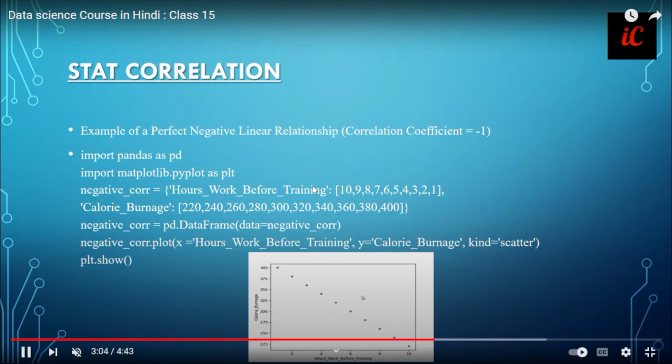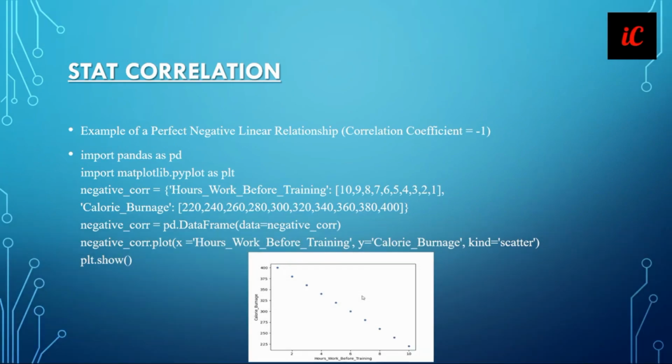The next one we have is the perfect negative linear relationship. In that case, we are going to provide a perfect negative linear relationship. You can see the graph design has changed now. We have plotted fictional data there. The x-axis represents the amount of hours worked at our job before the training session, and the y-axis is the calorie burnage.